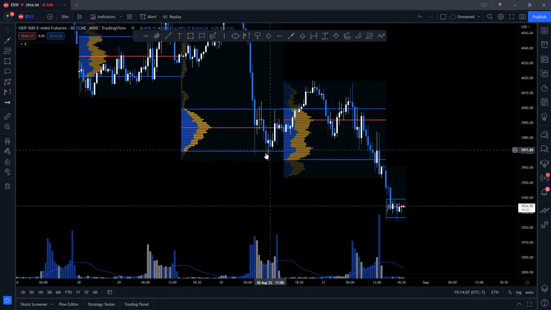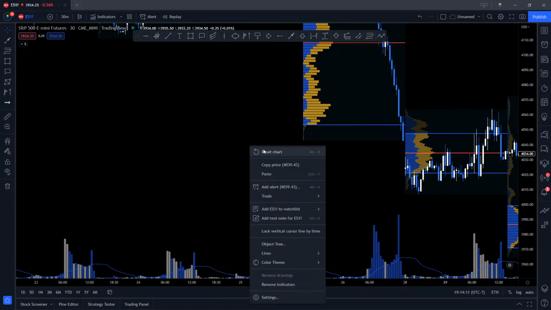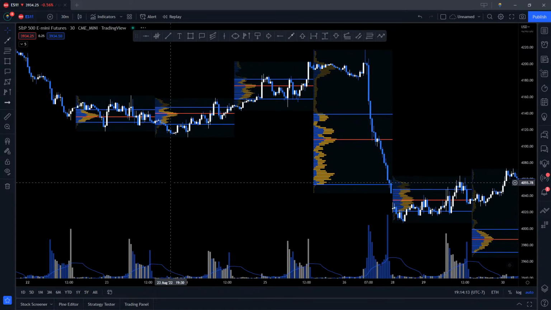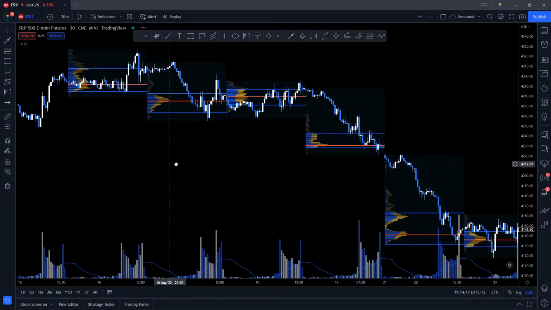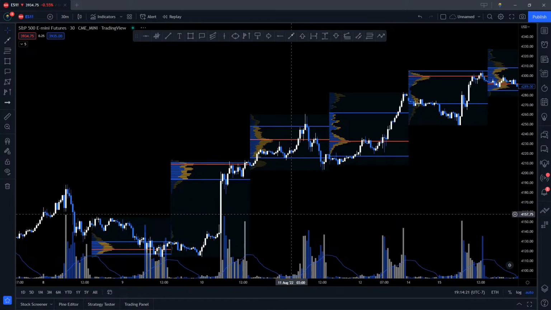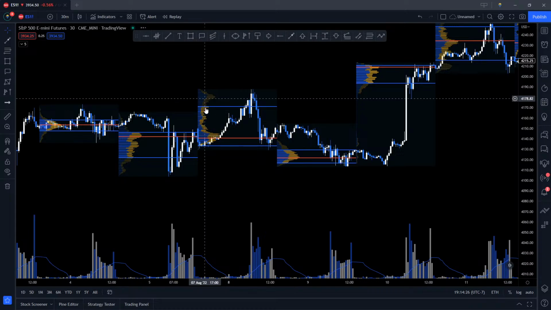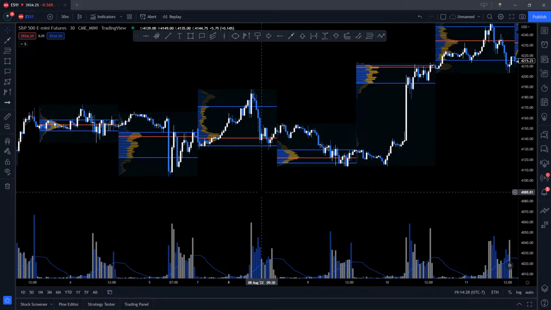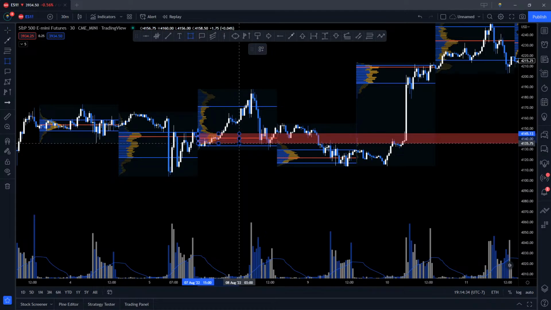I'm pretty sure the only volume profile we haven't covered is a B shape. And you don't really see a ton of them. Oh, here's a B shape. Again, not on the day that it's happening, but on subsequent days.